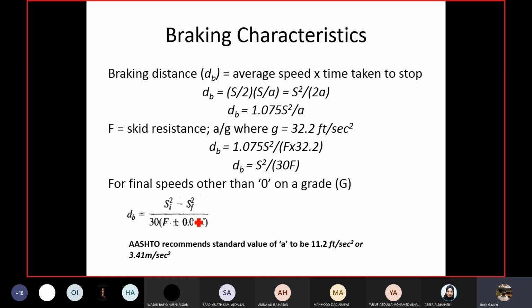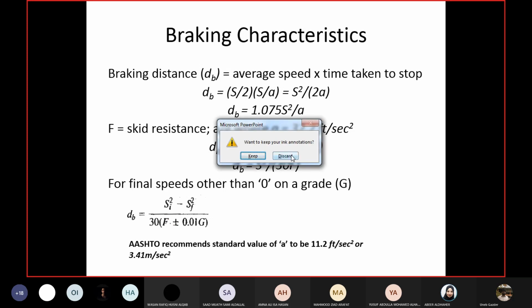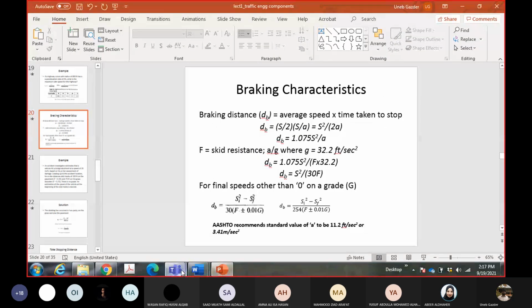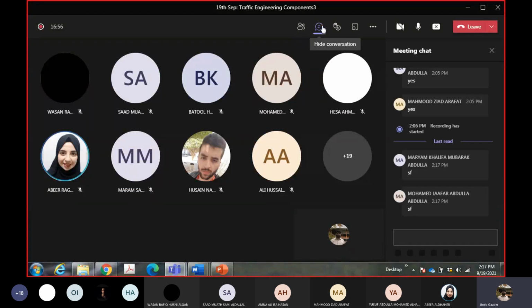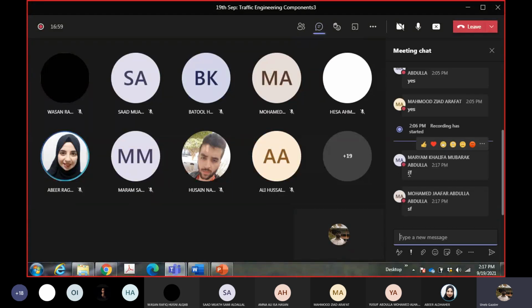Now, which value is that, SI or SF? 20 miles per hour is SF. Yes, SF.